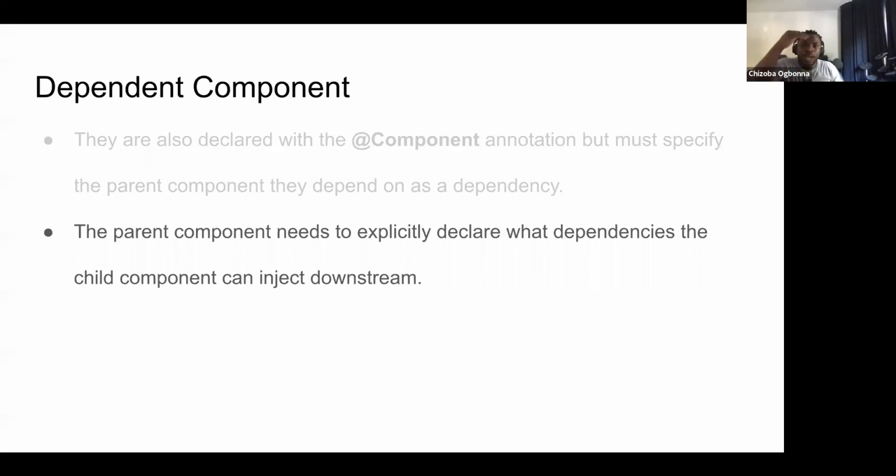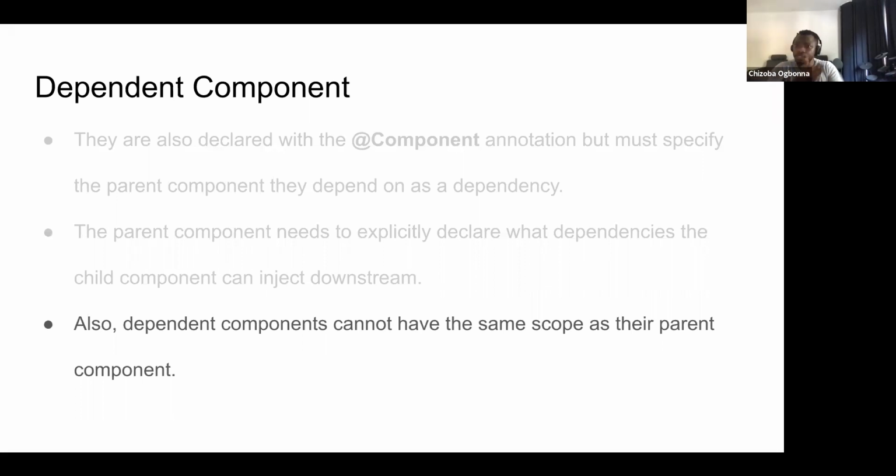We can look at this as a hierarchy. I have someone above me, but that person above me has to list the things that I'm able to inherit and supply to those below me. That is basically the relationship between a dependent component and a parent component. The parent component must explicitly say A, B, C, D are available for you to give to those that depend on you.